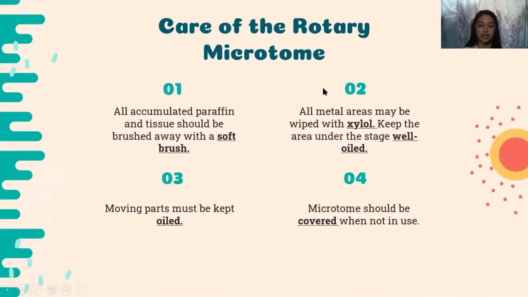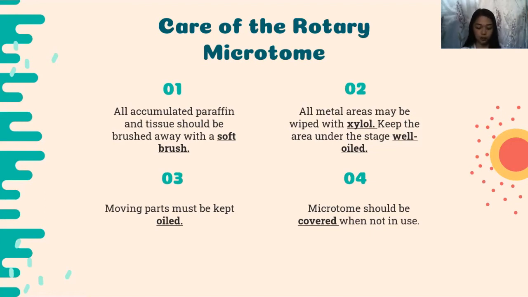Okay. Next, care of the rotary microtome. First one that we need to keep in mind is that after cutting the tissue on the microtome, we should check for all accumulated paraffin and tissue, and they should be brushed away with a soft brush. Take note of that, it should be a soft brush.